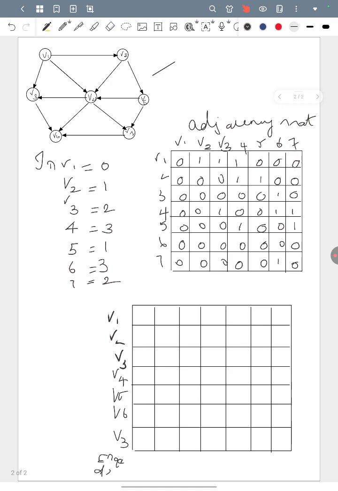We have to see which vertex has 0 in degree.